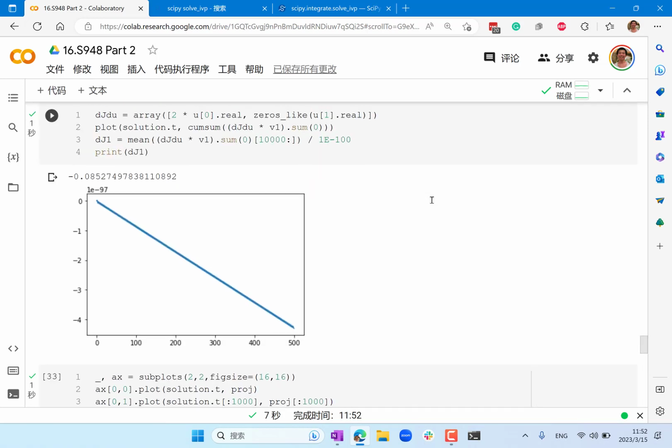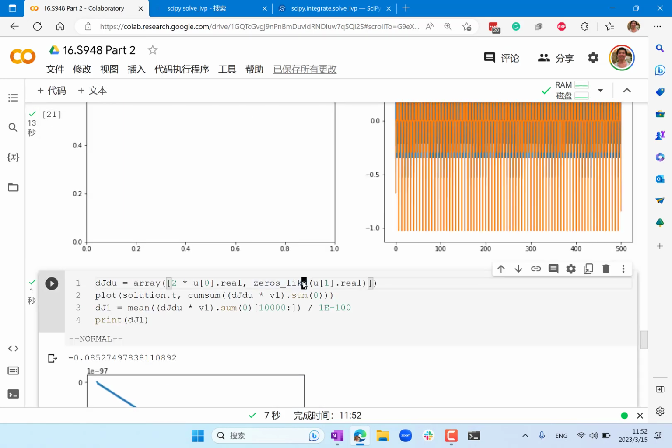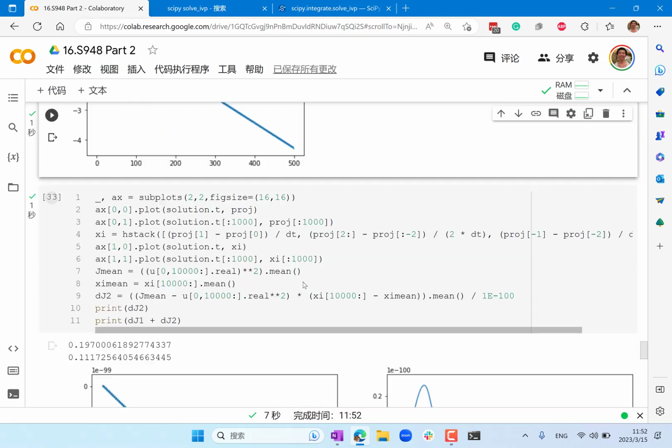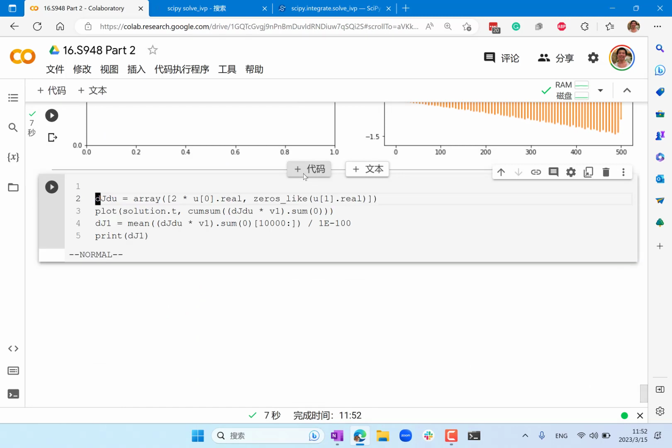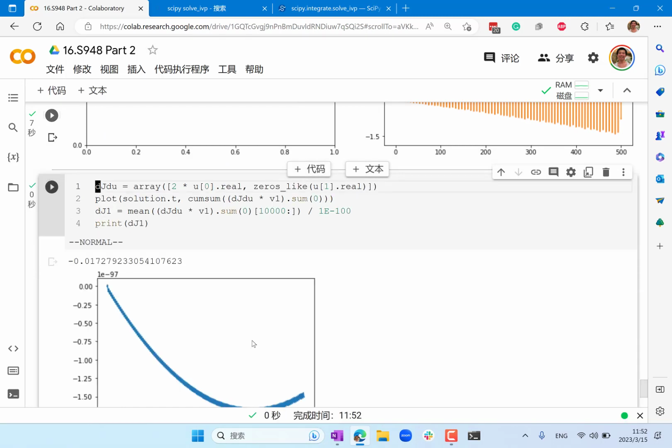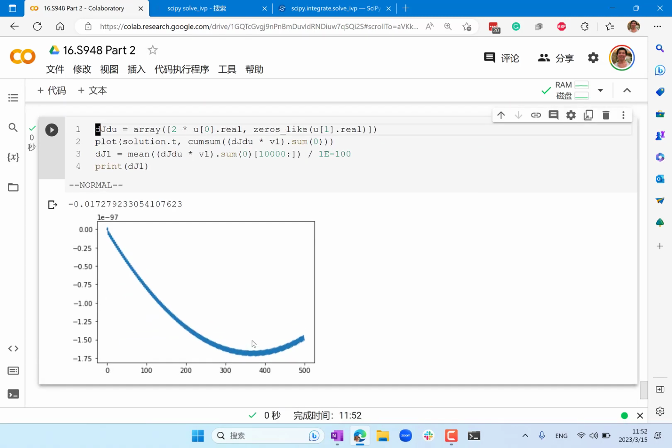So if we also copy this part, which computes the first part of the derivative, we see that it affects it by a lot, right? So instead of minus 0.08, we compute a much smaller number.